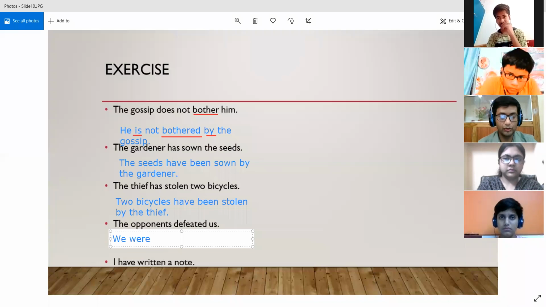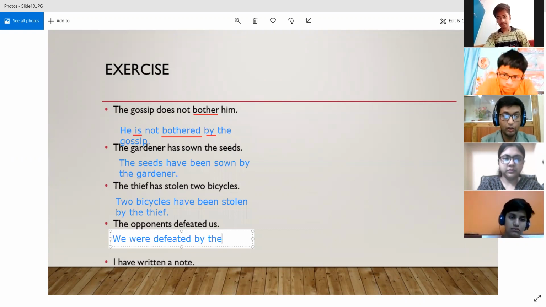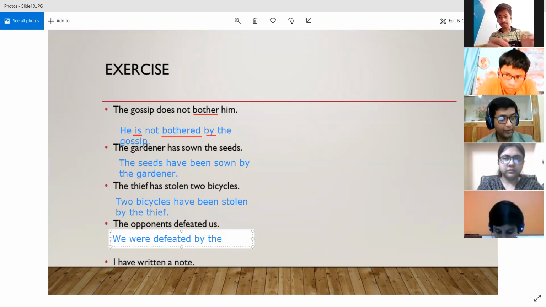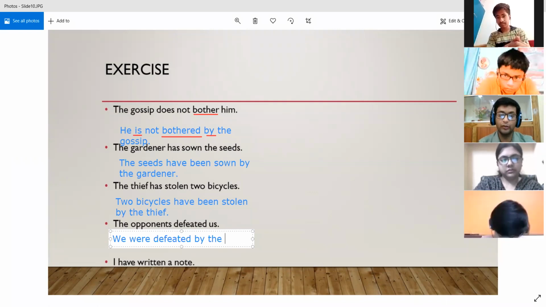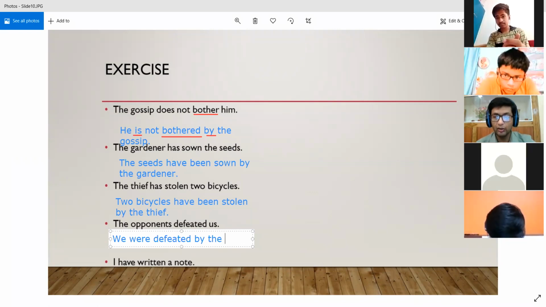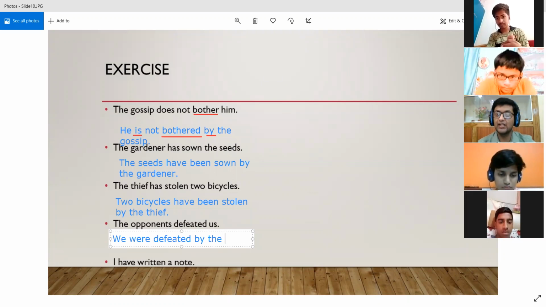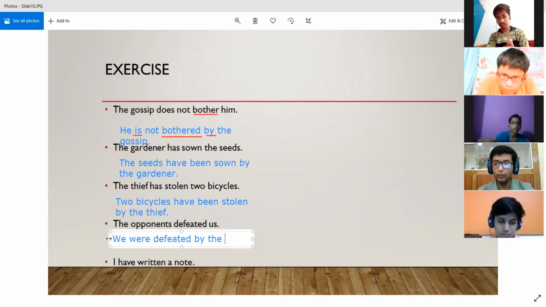All right. So we were defeated by the opponents. Since it was the simple past tense, we are going to use was or were. Here in this case, since the subject of the passive voice is plural, we, we are going to use were, right?